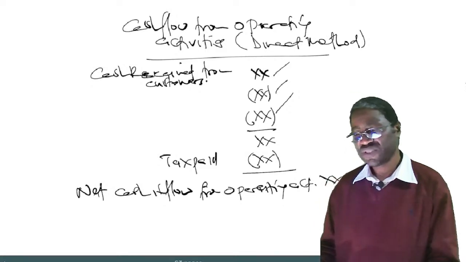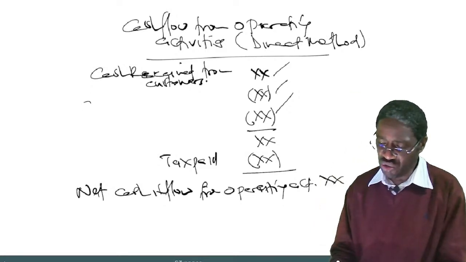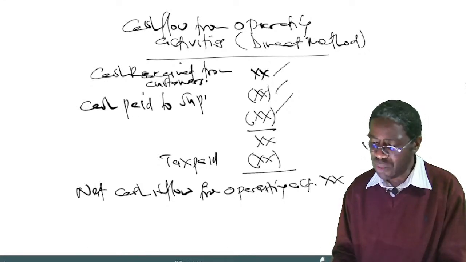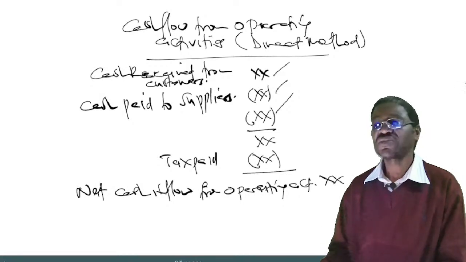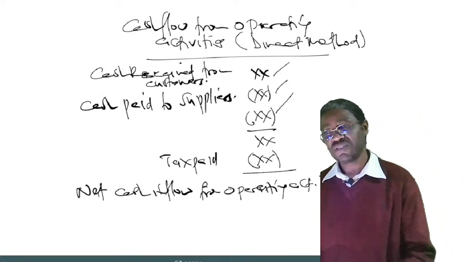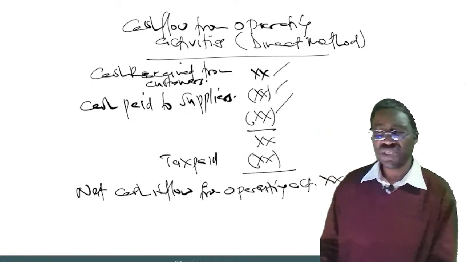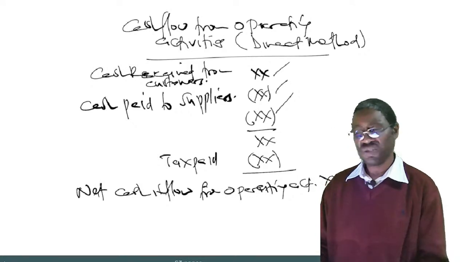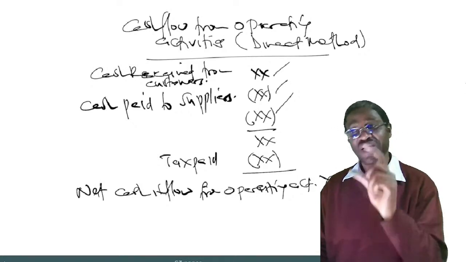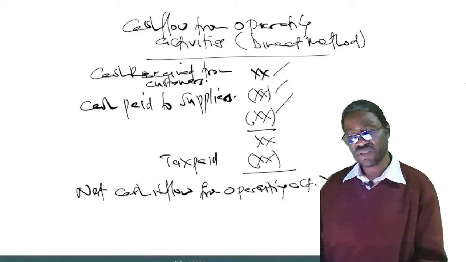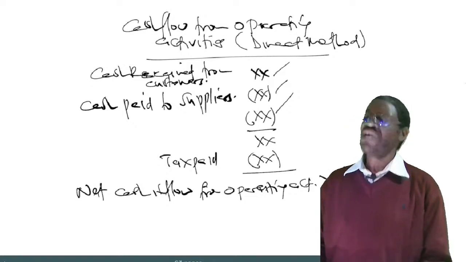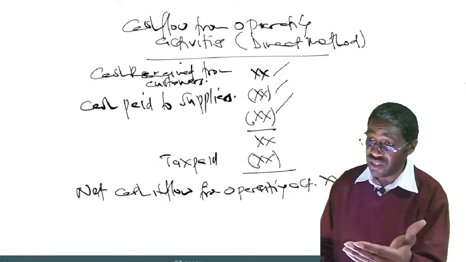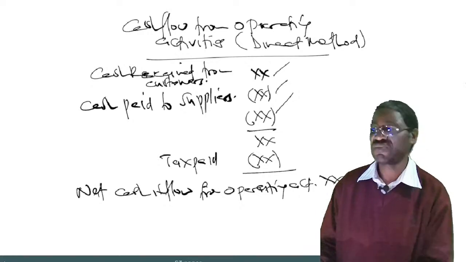That's one. Number two, you also need to determine what we call cash paid to suppliers. I am not saying cash paid to creditors. I'm saying cash paid to suppliers. Because if you buy goods on credit, you will pay your creditors. They are part of your suppliers.